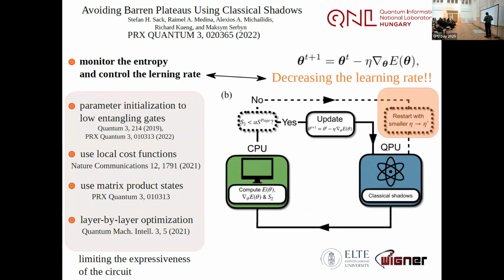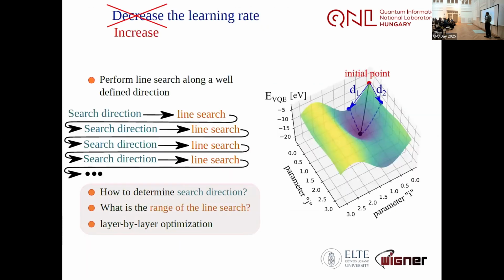Instead of slowing down the learning process, we came up with another idea: not to decrease the learning rate, but practically increase it and make hops in the search direction by performing some kind of efficient line search over the direction.